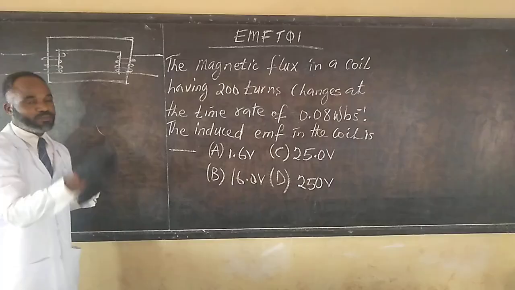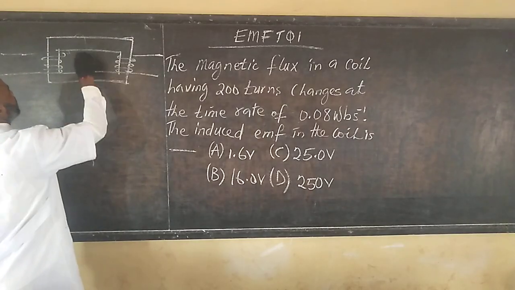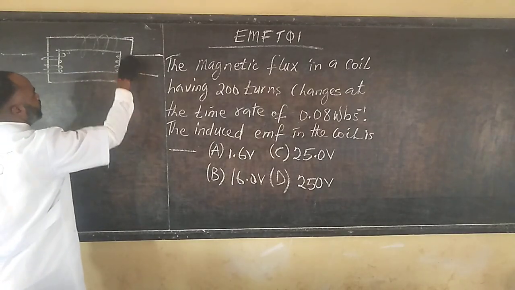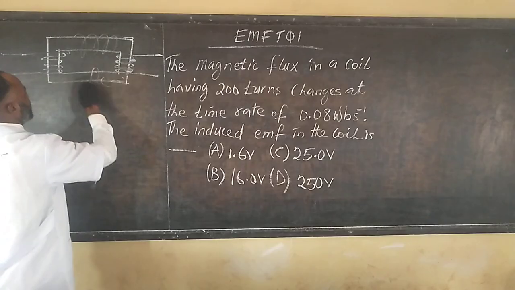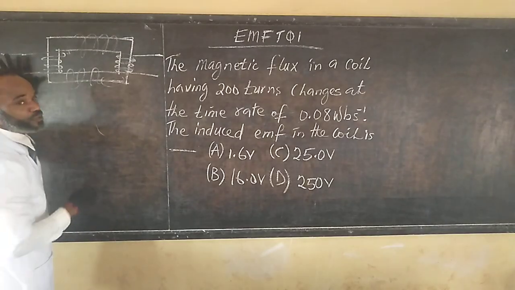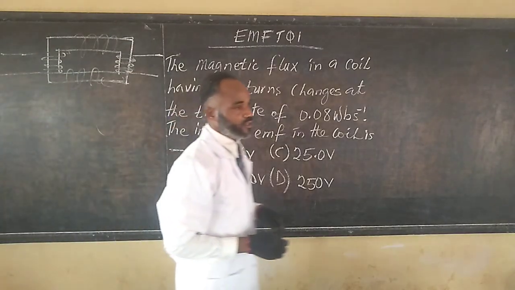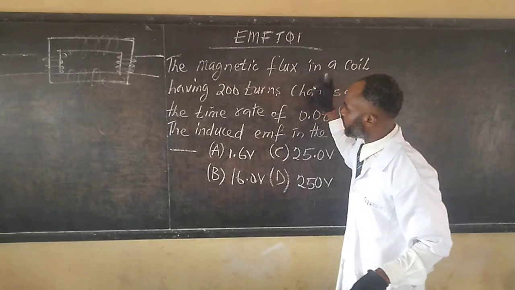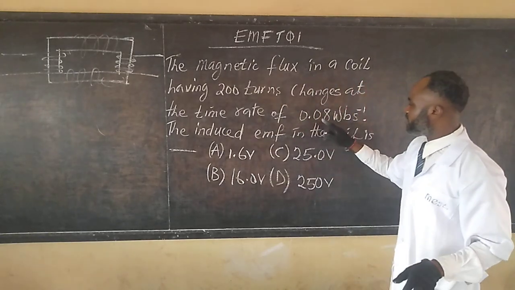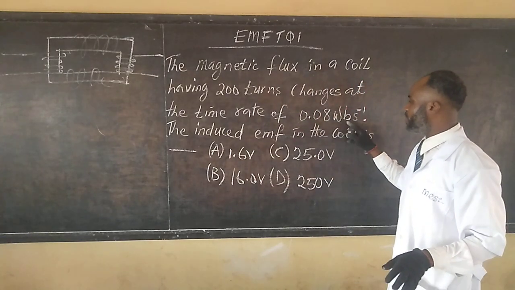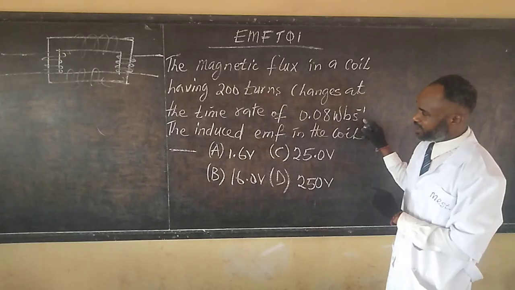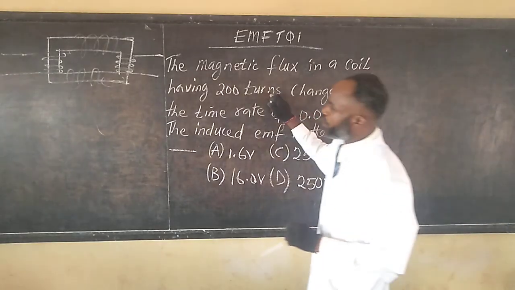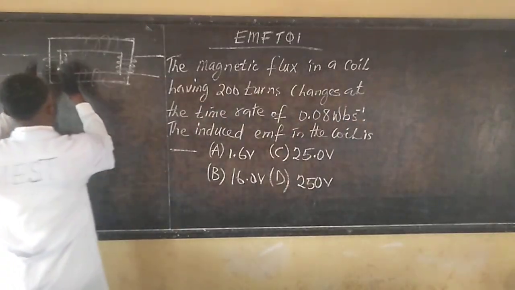There is a magnetic flux around this coil, induced by these currents. That's what we're trying to say. So if the magnetic flux changes at 0.08 Weber per second, the time rate is this. And the number of turns here, it could be here, it could be there.